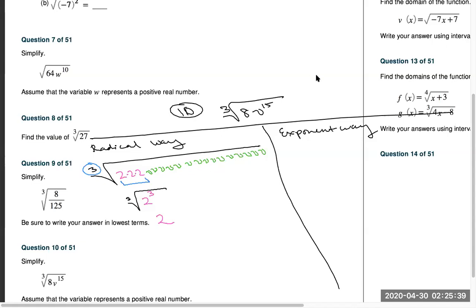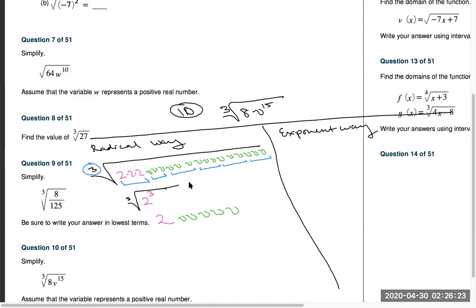All right, now you also have your group of v's over here, so you need to find groups of 3. 1, 2, 3, 4, 5. So technically, that's going to be 1 v out, another v out, another v out, 5 v's out.